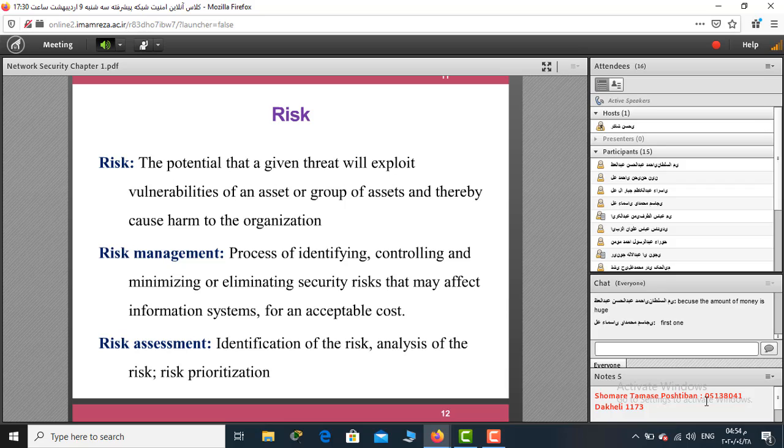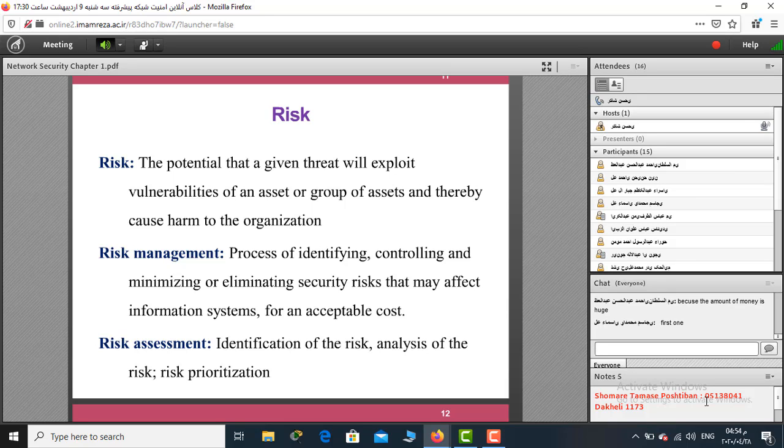Risk management manages security risks that may affect information systems for an acceptable cost. For risk management, we first should be able to identify our risks in our computer system, our network.